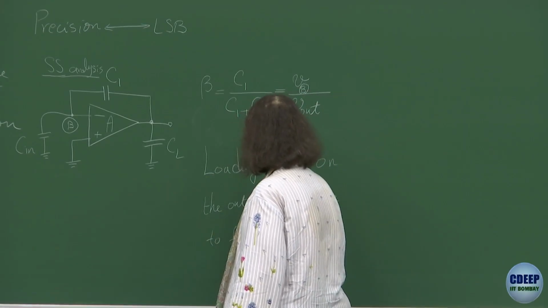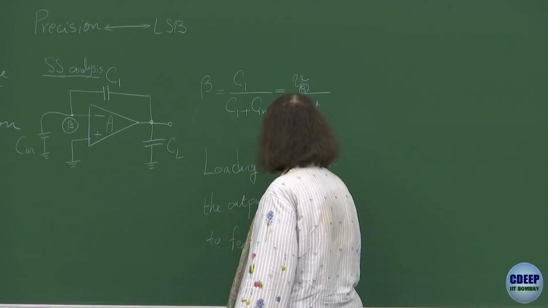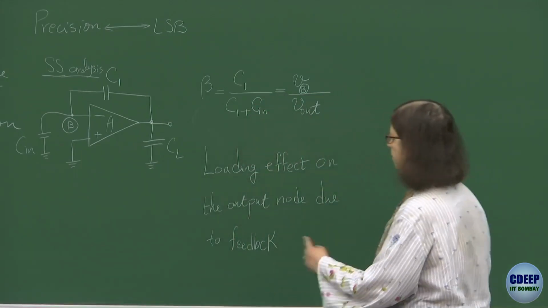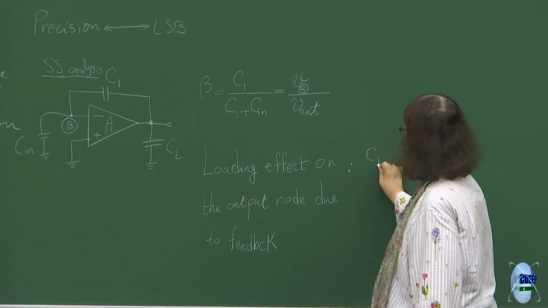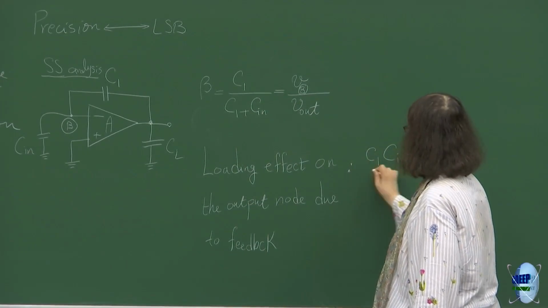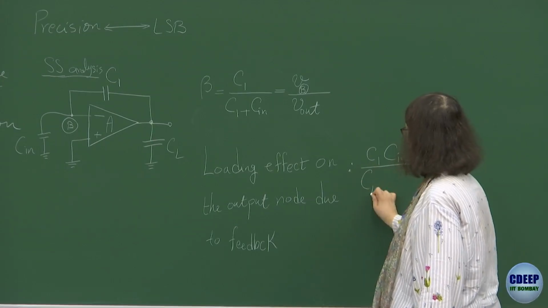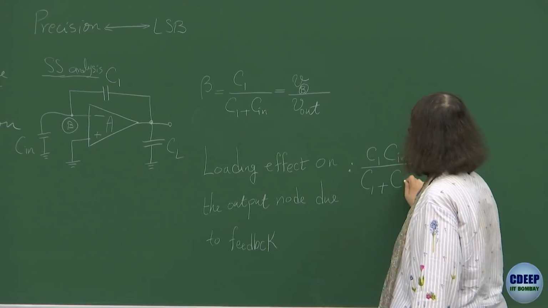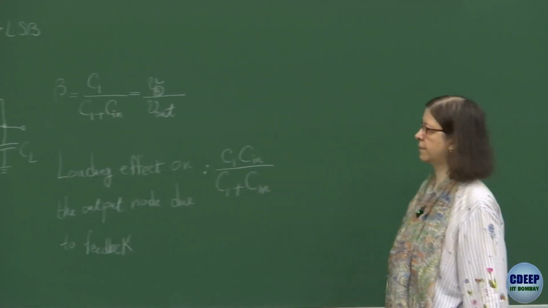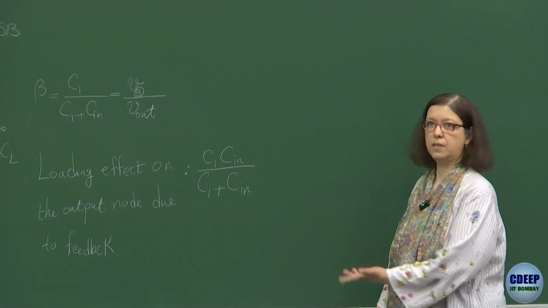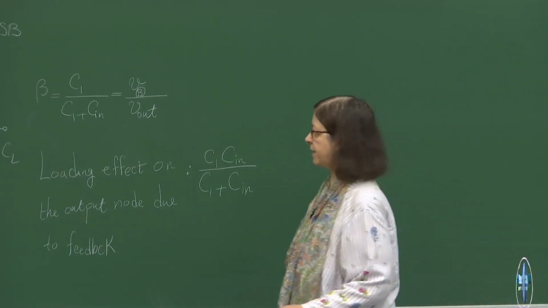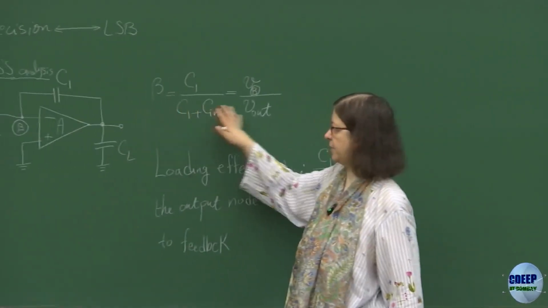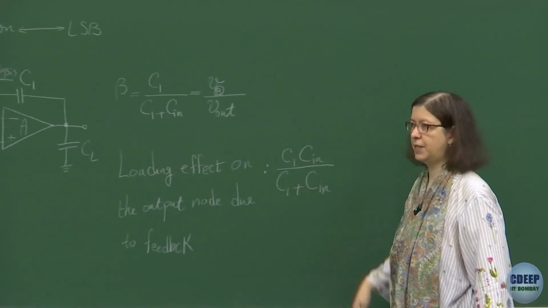Eventually this loading is C1 Cin upon C1 plus C, because it's a series capacitor combination. Therefore, we have a feedback circuit. We know the beta factor, the feedback factor, and we know the loading effect.